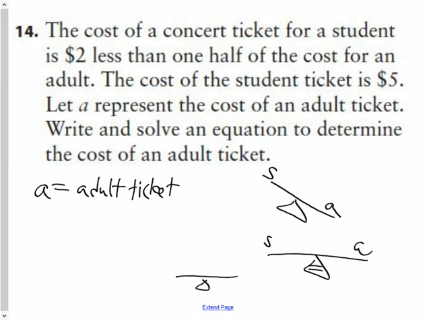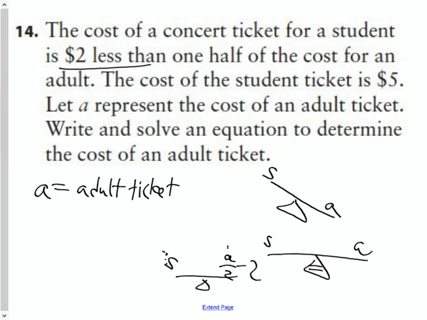If I take half of the cost of an adult ticket, is that now the exact same price as the student ticket? No, because the student ticket is $2 less than this. So how do I get it to be even if this is $2 less? I have to subtract 2.